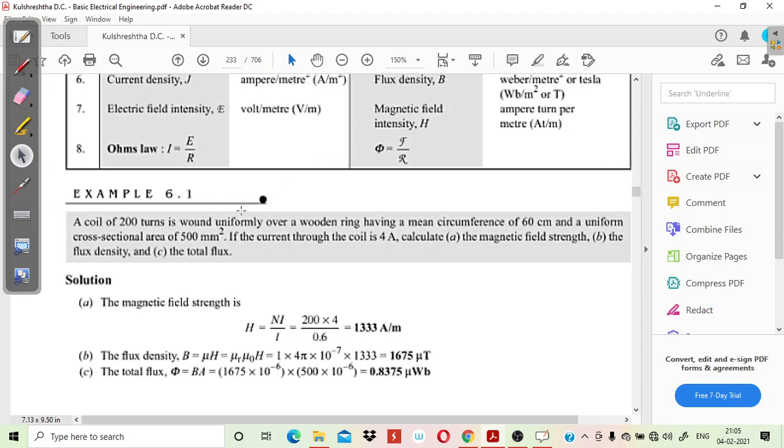The problem is: a coil of 200 turns is wound uniformly over a wooden ring having a mean circumference of 60 centimeter and a uniform cross-sectional area of 500 mm square. If the current through the coil is 4 ampere, calculate the magnetic field strength H, the flux density B, and the total flux.